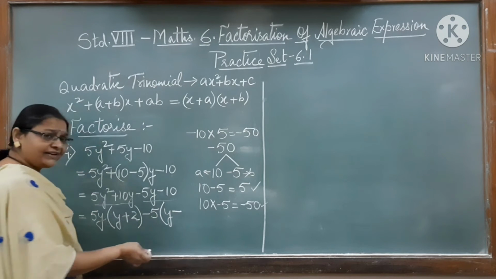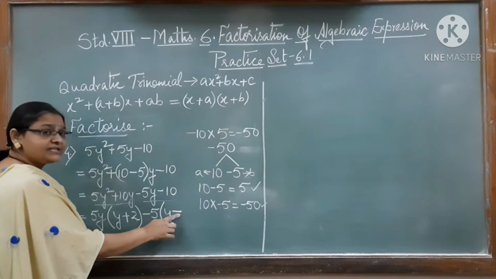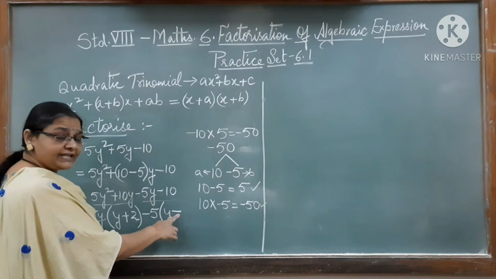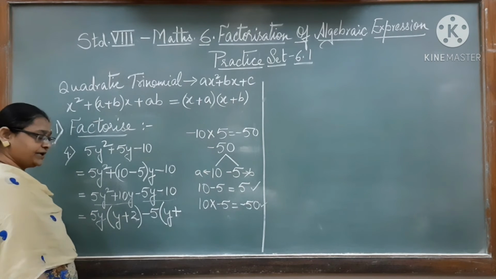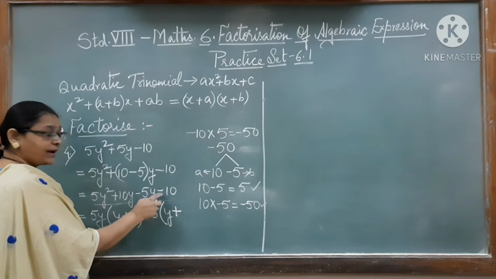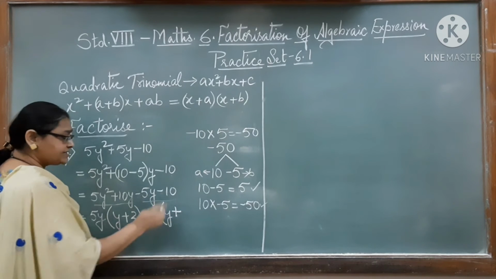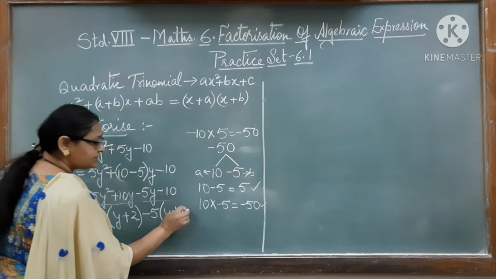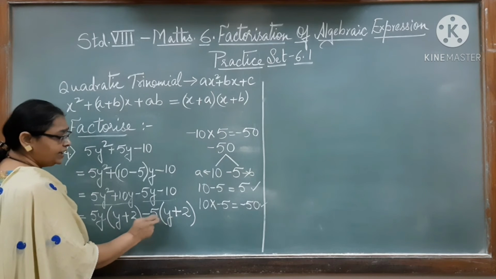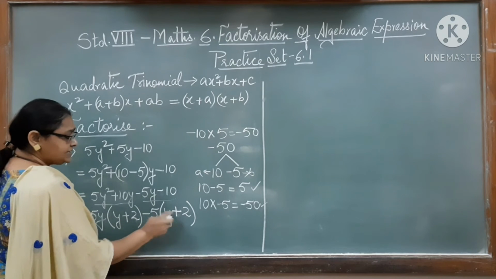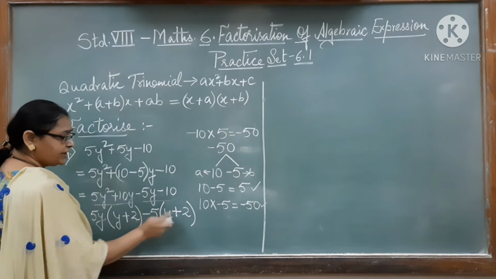Can I use a plus sign? Because minus into minus, when we multiply like signs, it is plus. So I can use a plus sign over here, and minus into plus will be minus. So now it is correct. 5 2s are 10, so I am going to use 2 over here. So minus 5y, plus into minus is minus, minus 5 2s are 10.